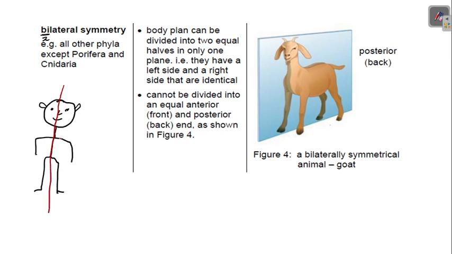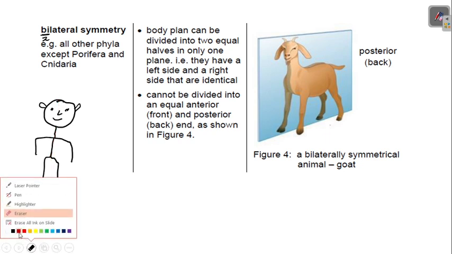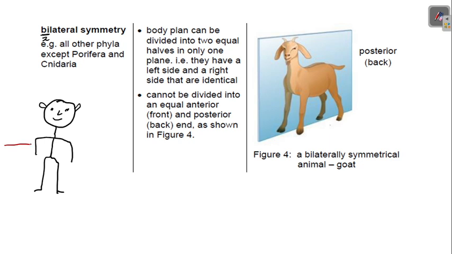One half having one ear, half of a mouth, half of a nose, and one eye, one arm, one leg, and so forth. But however, interestingly enough, if I take Tabo and cut him from this plane here, will I have two identical halves?